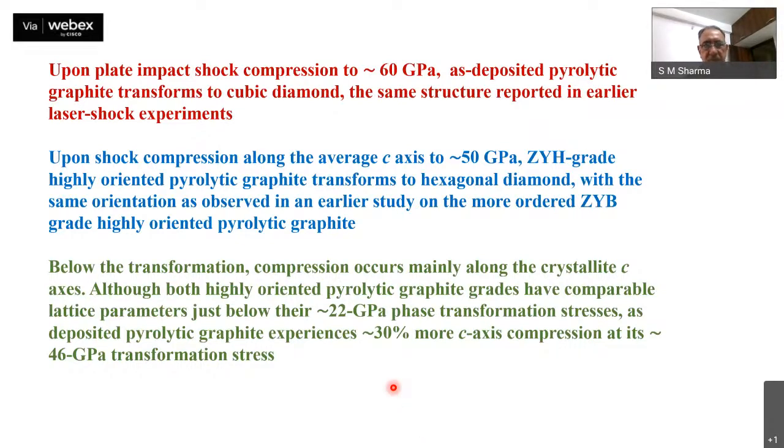Below the transformation, compression occurs mainly along the C-axis. And highly oriented graphite has already achieved a comparable density to the non-ordered one, but while the ordered one transforms at much lower compression, the disordered one requires almost twice as much higher pressure.